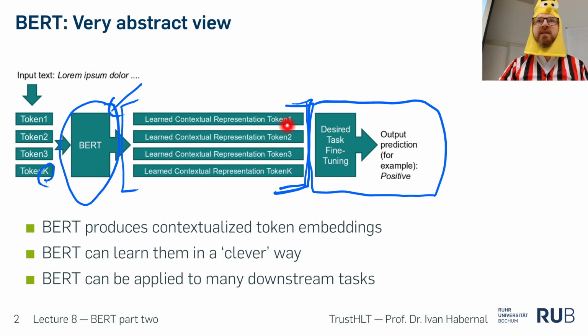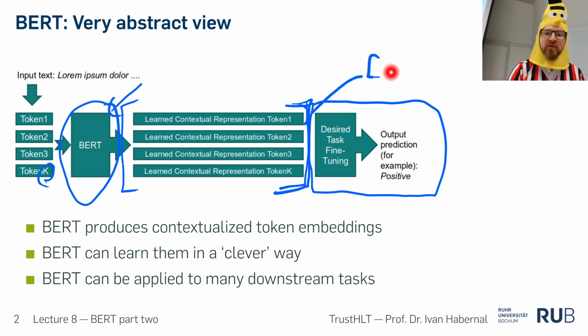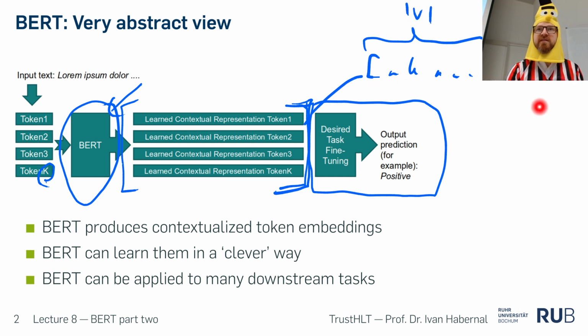But the output of a transformer also depends on how you call it, because we can also take each of these and turn it into a probability distribution over the vocabulary or the word pieces. We can project and softmax each of these vectors into a probability distribution over the vocabulary.